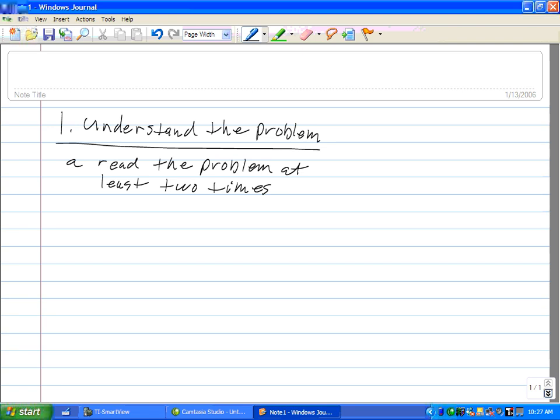As you're reading the problem, there's certain things you need to be looking for. The first thing always to look for is what the question is. Alright, you need to figure out exactly what it is they're looking for and what it is you're going to be answering. And after that, you can look for what is given.